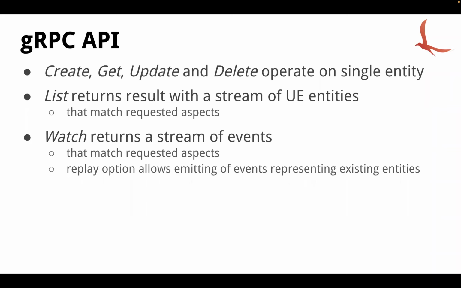So the ID is really just an umbrella for aggregating all of the different aspects together. Exactly, it's basically a federated set of data federated around the ID. So doing a get will get you all of those aspects for a particular UE. Yes, exactly. And you can update more than one aspect at a time. Yes, you can. Good.